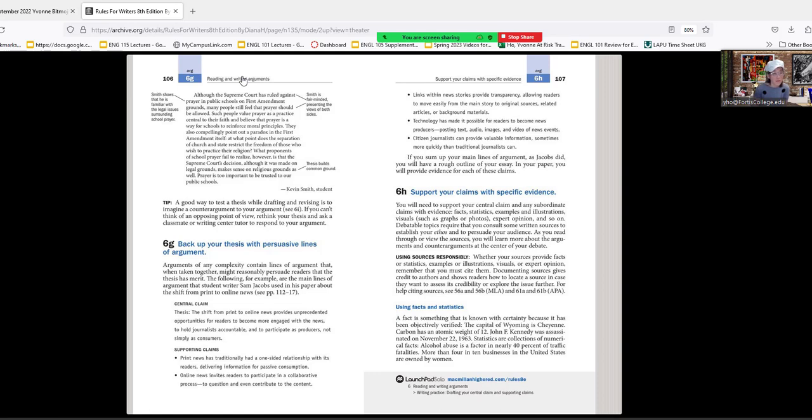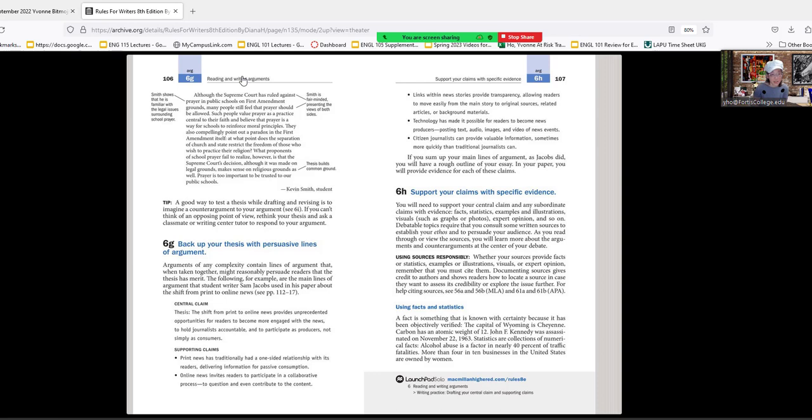What proponents of school prayer fail to realize, however, is that the Supreme Court's decision, although it was made on legal grounds, makes sense on religious grounds as well. And so here you're building up to your thesis statement. Prayer is too important to be trusted to our public schools.